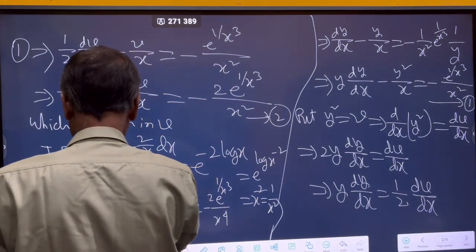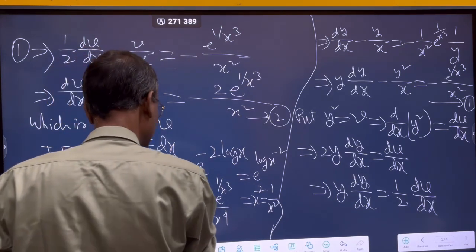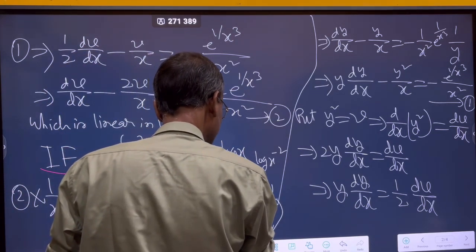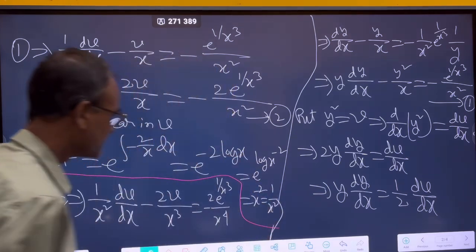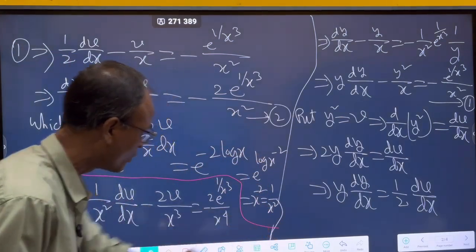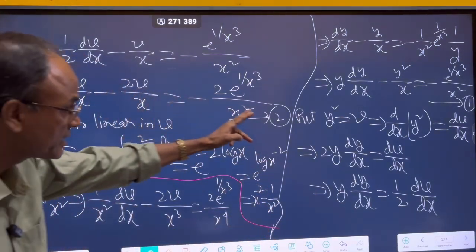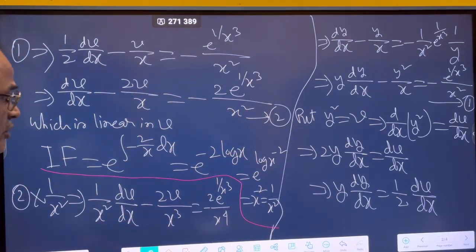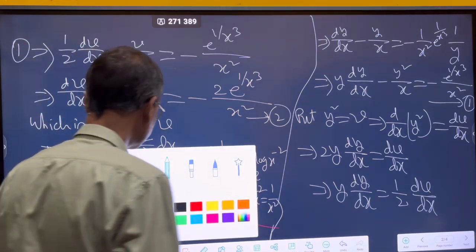The integrating factor is 1 by x square, and if you multiply 2 by this, it will be like this.